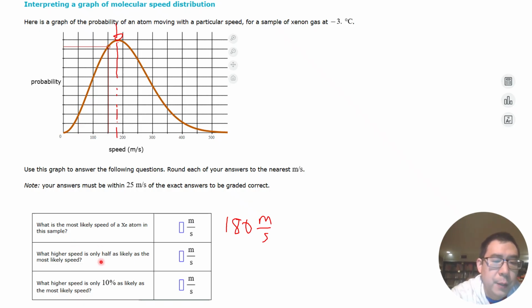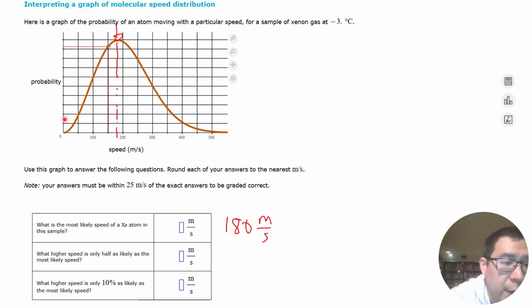What higher speed is only half as likely as the most likely speed? So the most likely speed is up here. Let's count: 1, 2, 3, 4, 5, 6, 7, 8, 9, 10. So 10 lines here. That's the most likely.